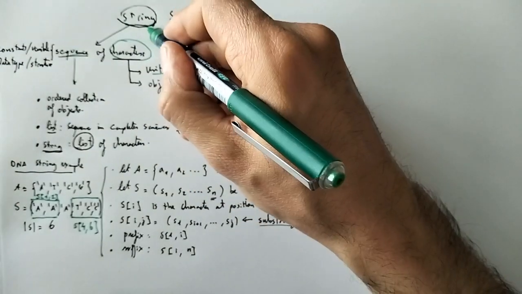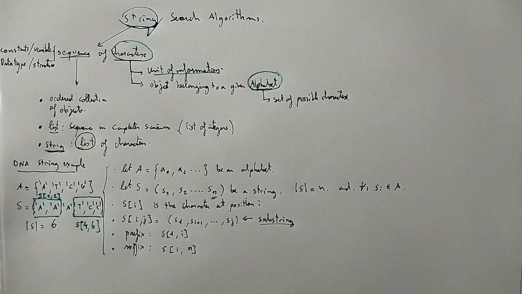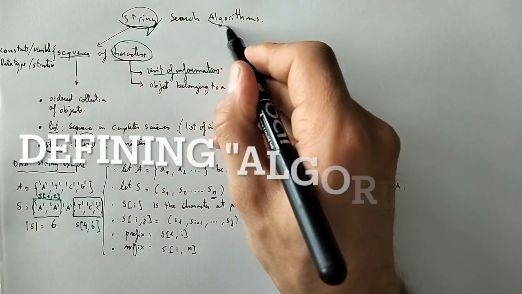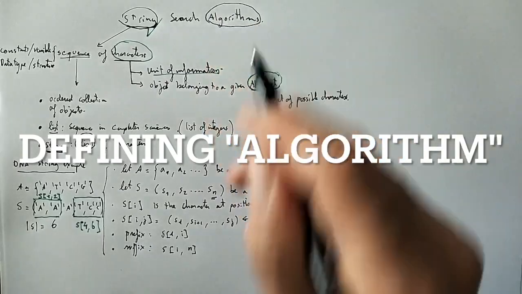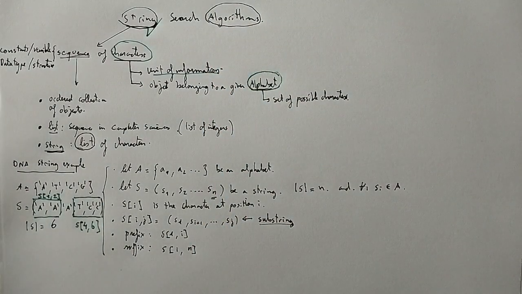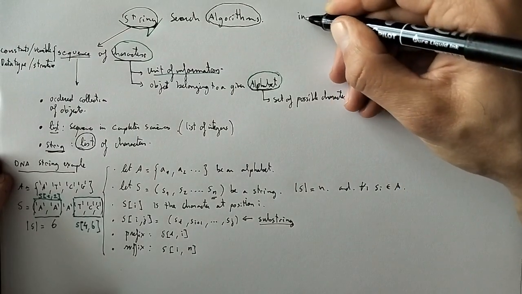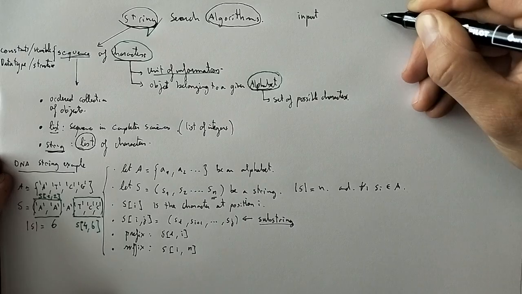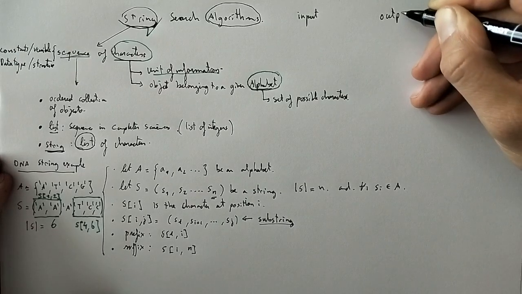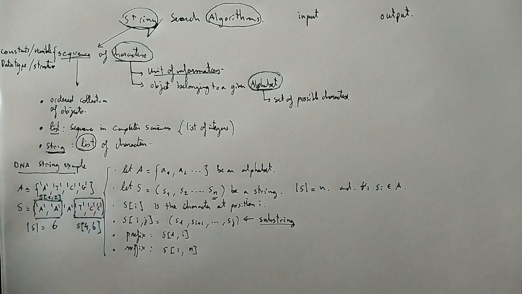The concept of string is pretty much defined, and we are going to focus now on the term algorithm. So what is an algorithm? We can think of an algorithm in terms of input and output. This is very general, but in fact the definition of an algorithm could be quite general.